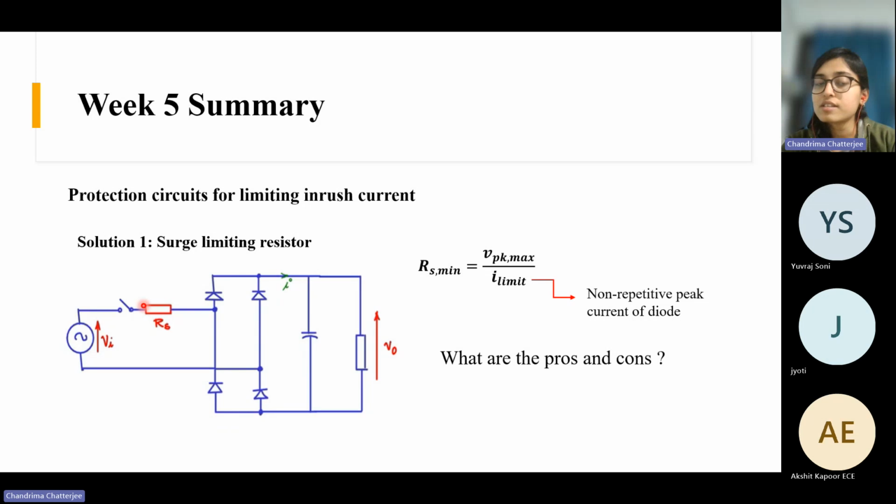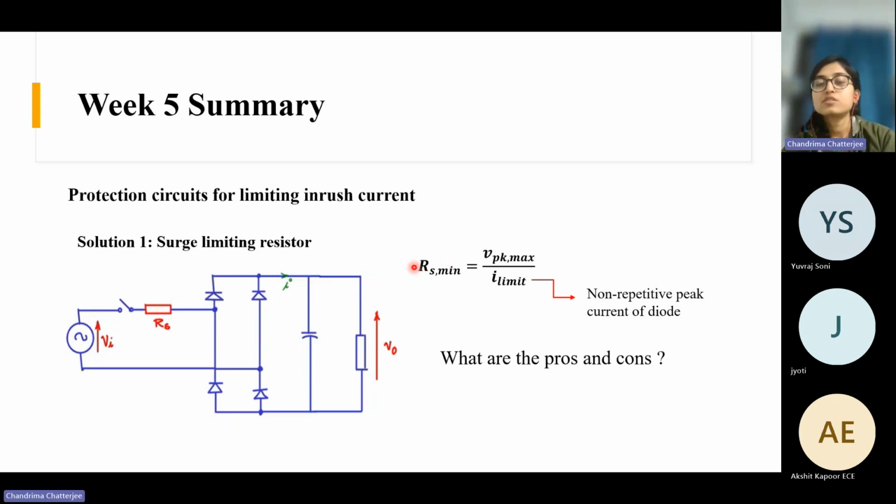Whenever current flows through this resistor, there will be some loss and some voltage drop across it. So at these points you will get a voltage lesser than this voltage, and your output voltage will also be lesser due to the drop across this resistance. These are the disadvantages of this solution.